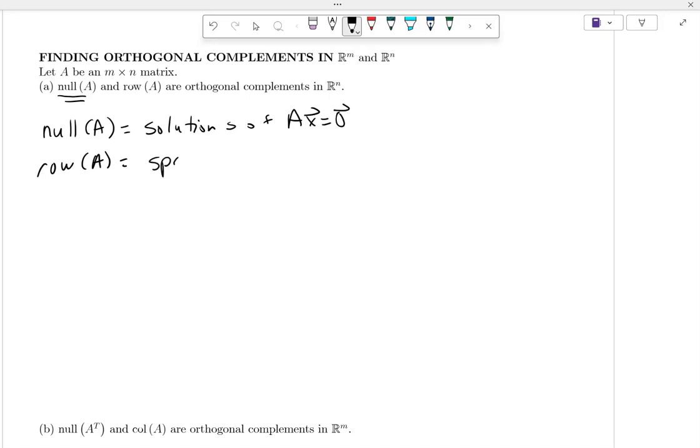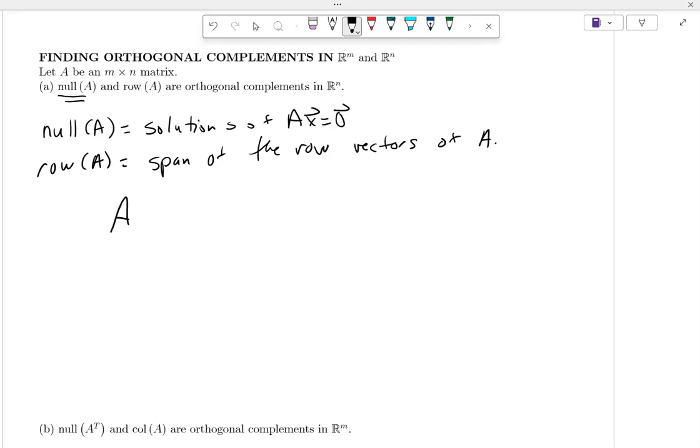Good. You're treating each row as a vector. It's the span of the rows. So let's think about why they're orthogonal complements.